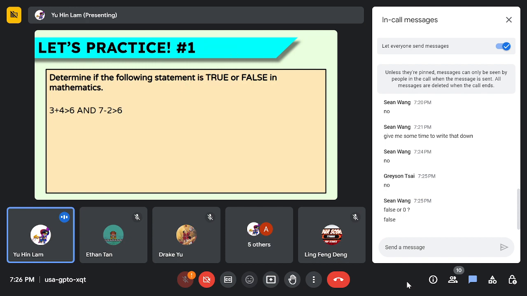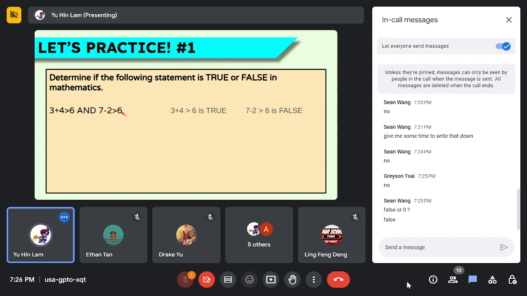How about we walk through this step by step? Our 3 plus 4 is greater than 6 is true because when we do the math, 3 plus 4 will be equal to 7 and 7 is greater than 6, right? So this will be true. Now let's move on to our other one. 7 minus 2 will give us 5.